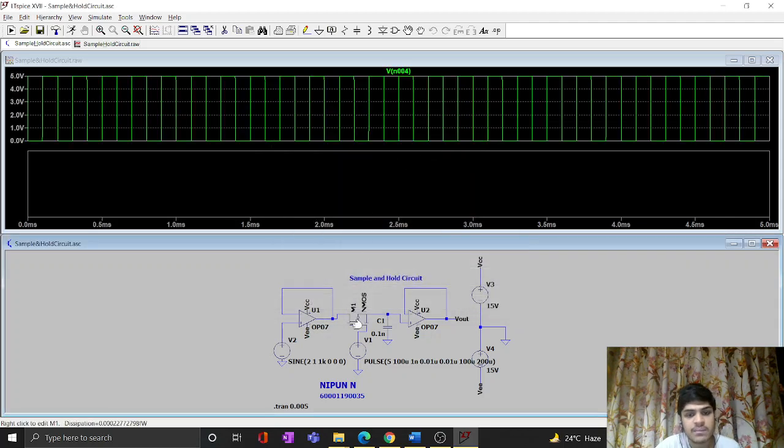This is the squared input that goes to the MOSFET. So this will then get fed into this capacitor, and when the MOSFET acts as a closed switch, the analog signal applied to it through the drain terminal will be fed to the capacitor.